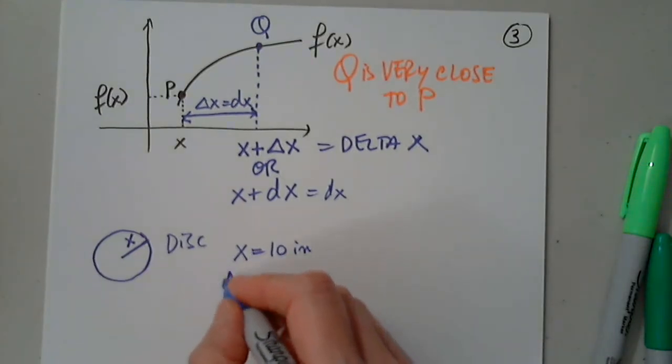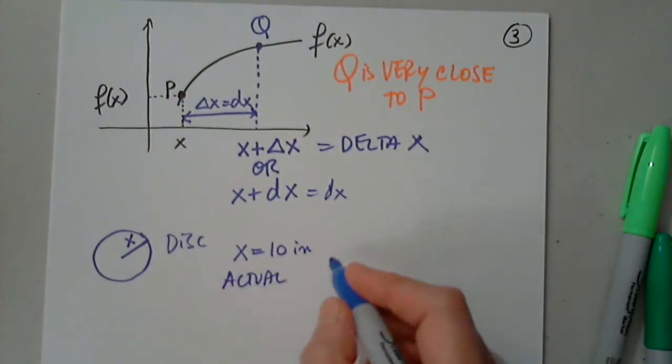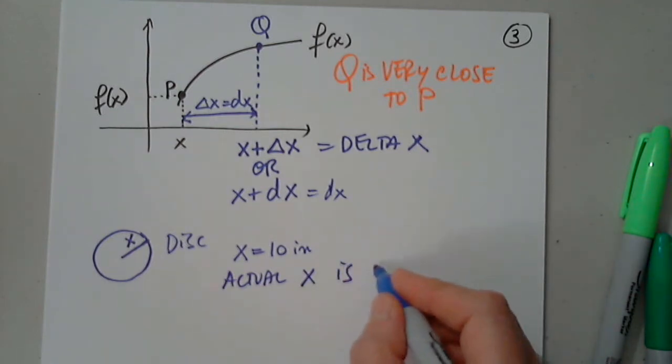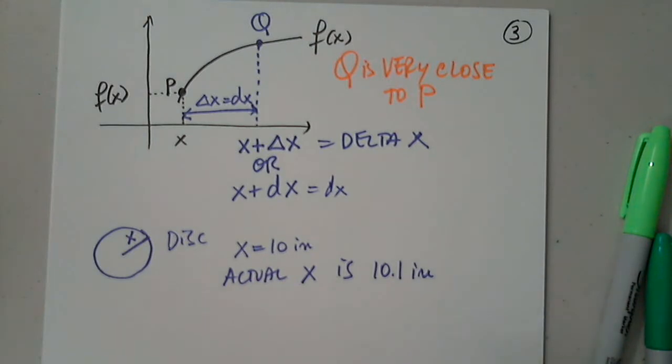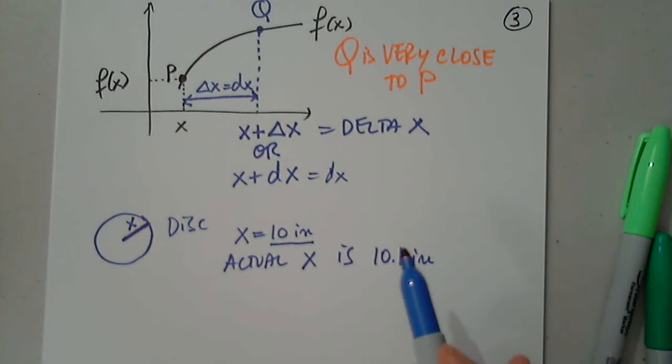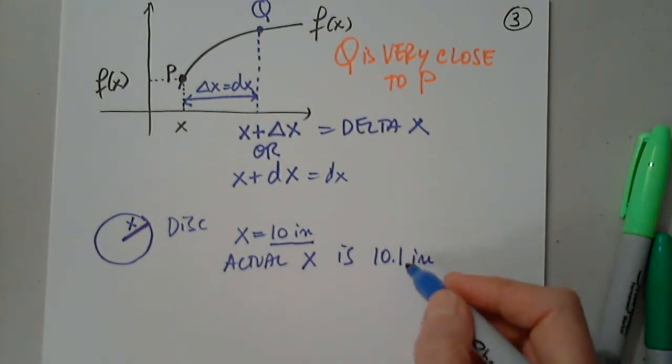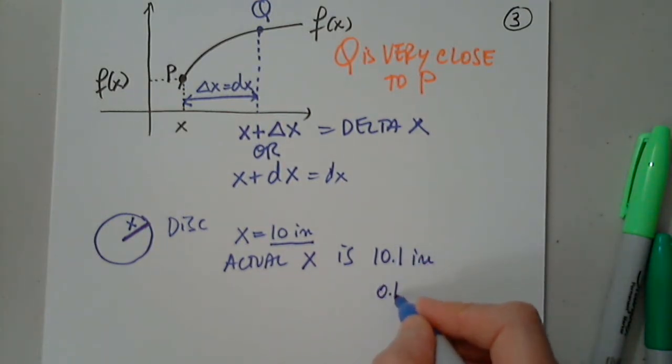But the actual x is 10.1 inches. We had an error. So the radius of the disk should be exactly 10 inches. But when we manufactured it, we made an error. What is the error? Of 0.1.